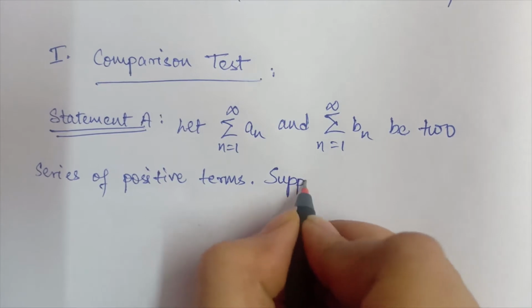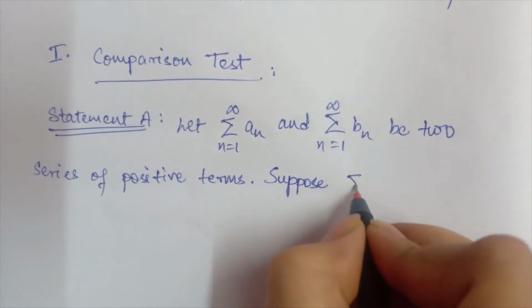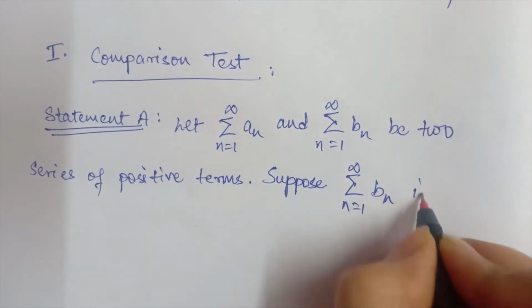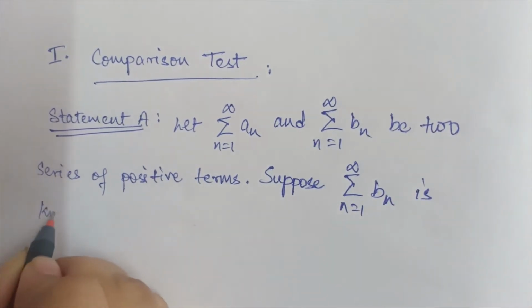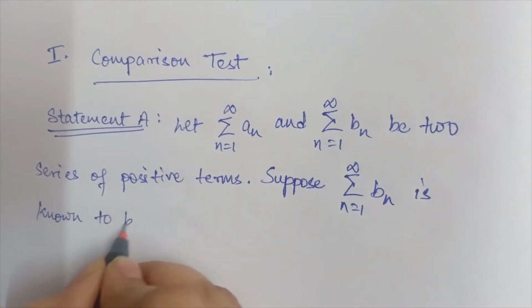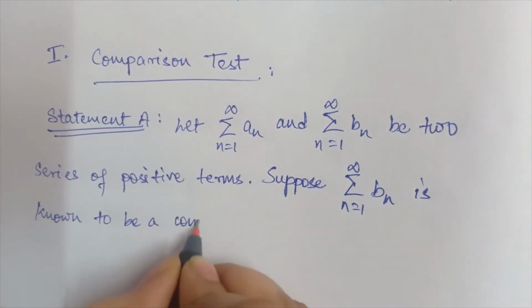Now suppose summation n equals to 1 to infinity bn is known to be a convergent series.